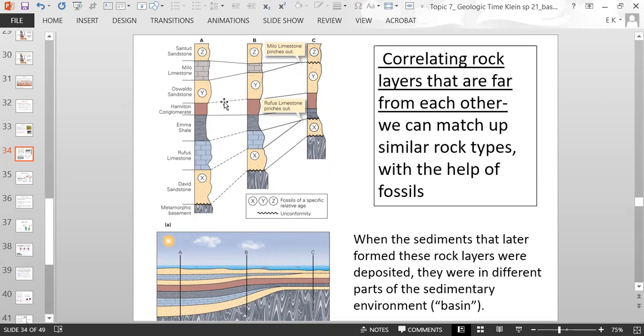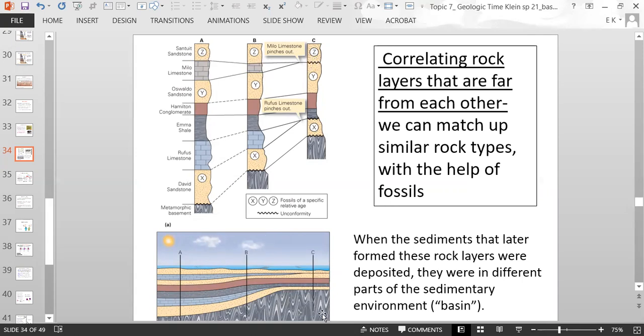So then what you do is you look at the patterns and you match the rock layers up. So this sandstone is at the top and they all have the same fossil. So we're assuming those are the same rock layer. And then we look here, we see it's all continuous. It used to be all continuous in the past. But then A and B contain this limestone, but then C does not.